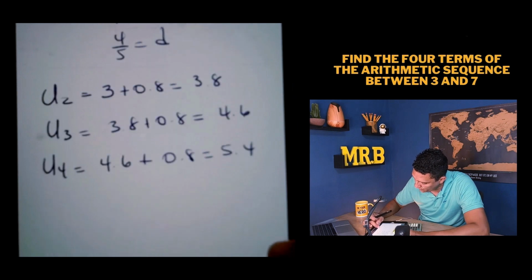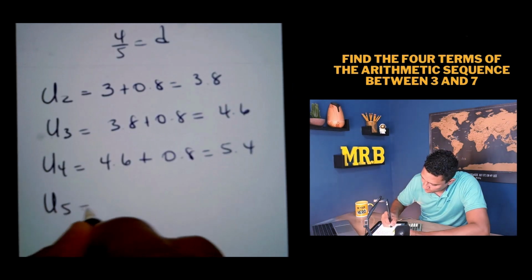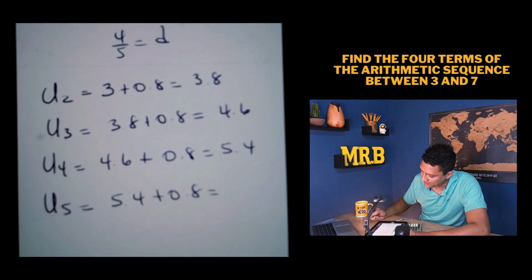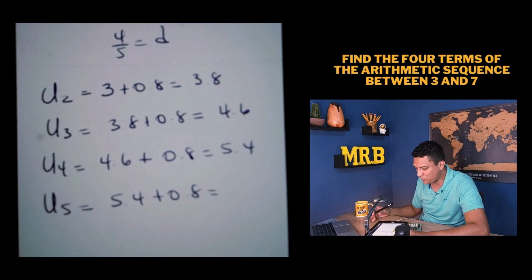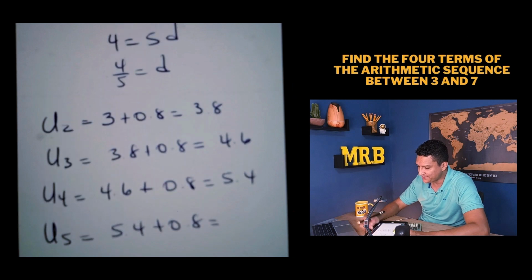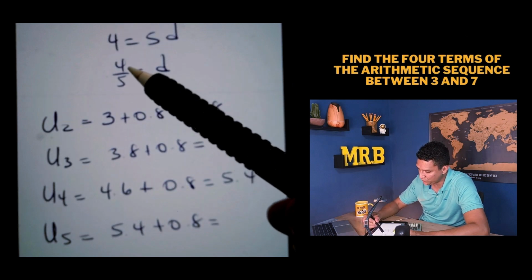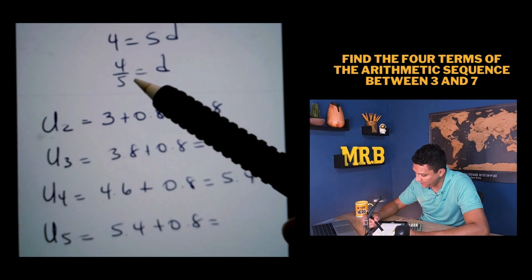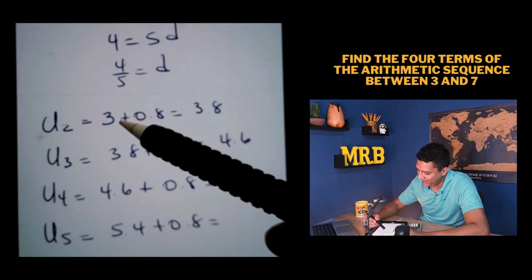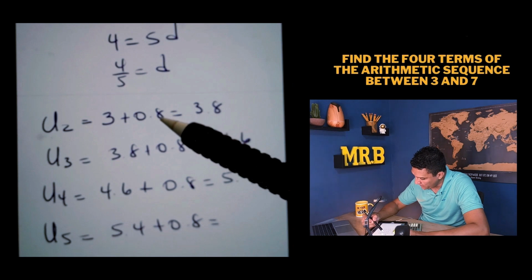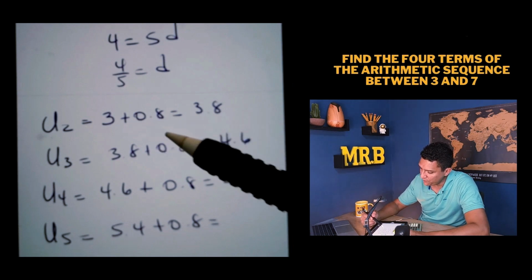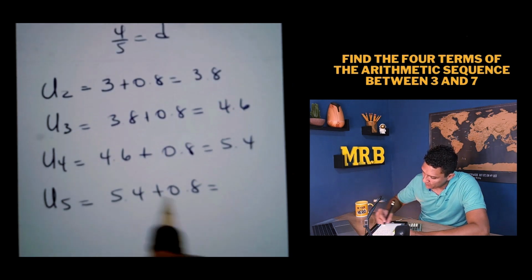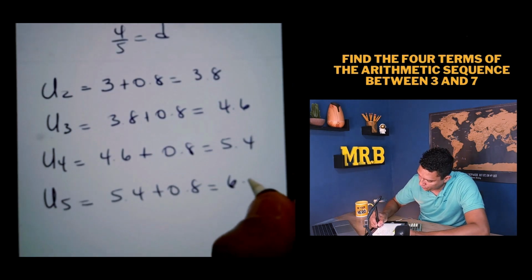And the fifth term is 5.4 plus 0.8. Notice that the only thing I did is first find the common difference, which is 4/5, which is 0.8, and then add that 0.8 to each of the previous terms to find the next one. So this is going to be 6.2.